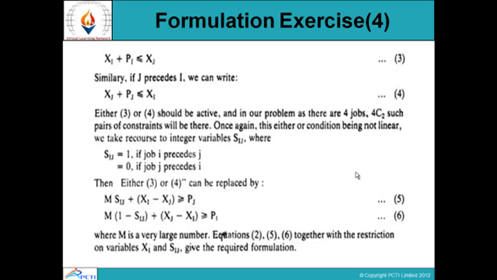Then either 3 or 4 can be replaced by M sij plus xi minus xj greater than or equal to pj, and M(1 minus sij) plus xj minus xi greater than or equal to pi, where M is a very large number. Equations 2, 5, 6 together with the restrictions on variables xi and sij give the required formulation.